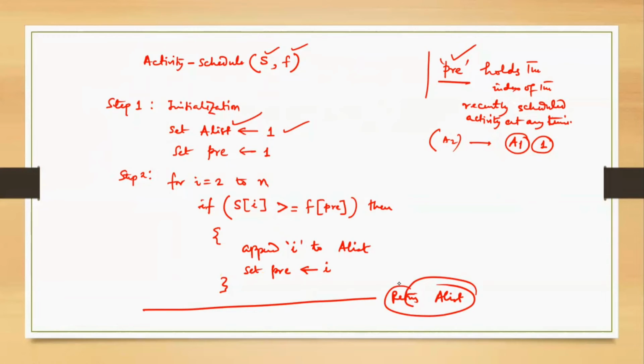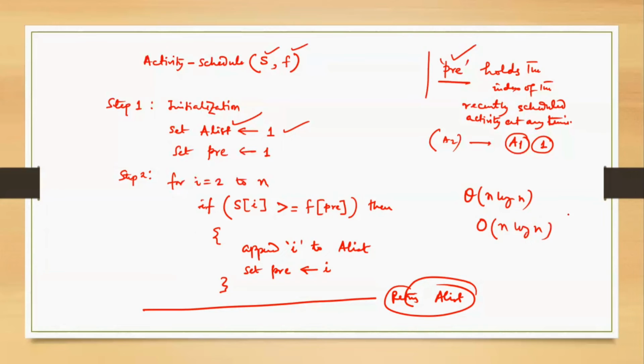So this is the activity scheduling problem algorithm. The requirement of this algorithm is that the activities are sorted by their finishing time, in increasing order of finishing time. The running time of the algorithm is big theta of n log n, as sorting can be done in order of n log n time.